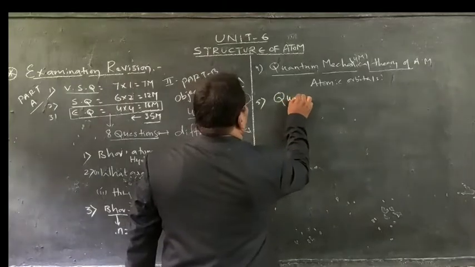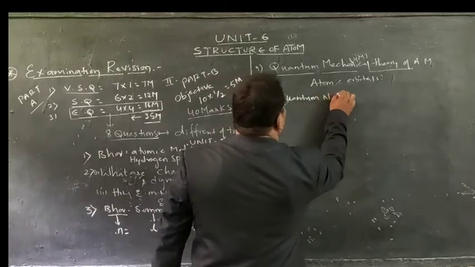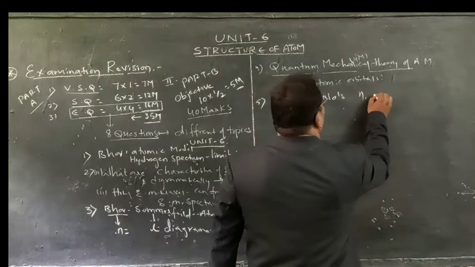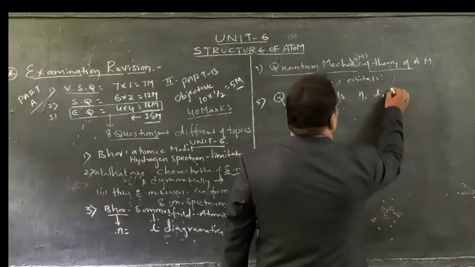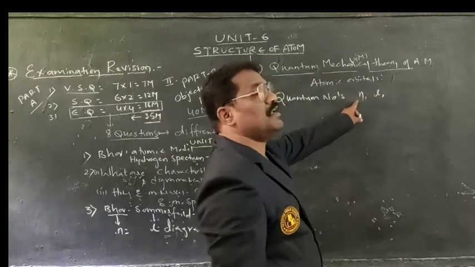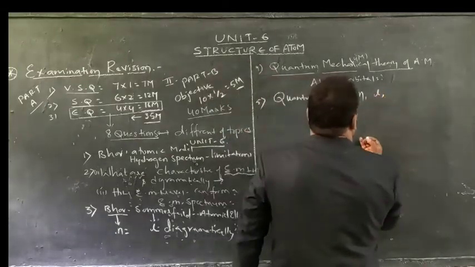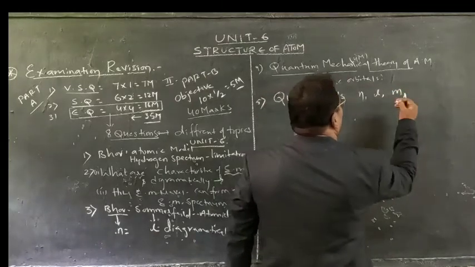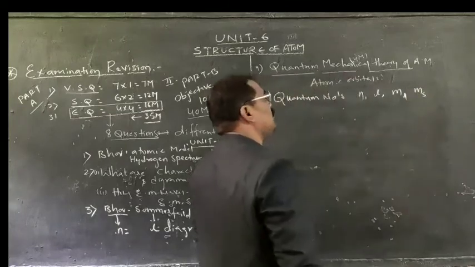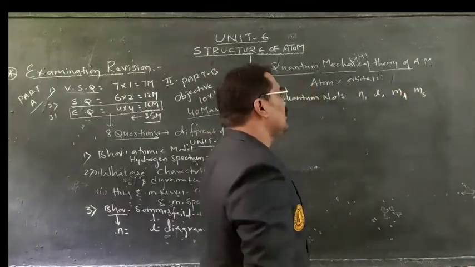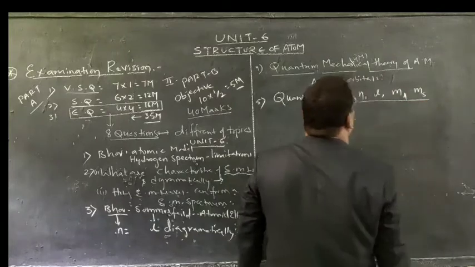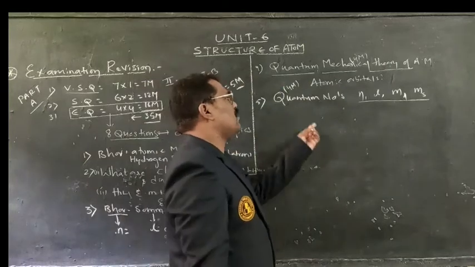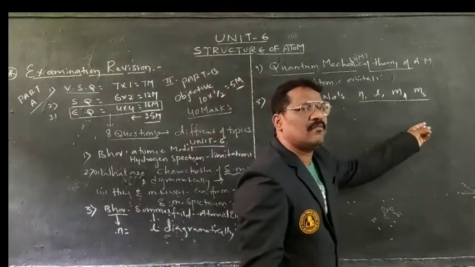The fifth is quantum numbers. What are quantum numbers? The principal quantum number is represented by small n, the azimuthal quantum number by small l, the magnetic quantum number by ml, and the spin quantum number by ms. Write short notes on quantum numbers directly: what are quantum numbers and how many types are there?